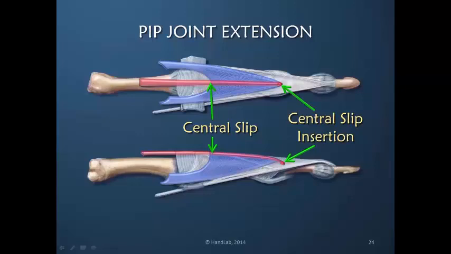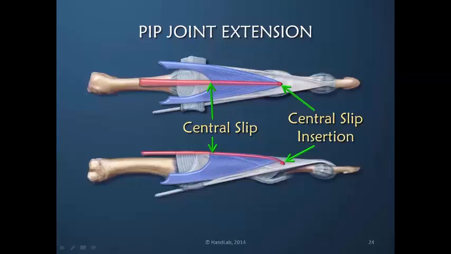The problem with this concept, however, is the fact that one forgets that the sagittal bands, which are connected to the central slip, insert into the volar aspect of the MP joint. And that insertion alone limits the distal and proximal excursion of the central slip. That means that the central slip is tethered and cannot have free excursion throughout the dorsal apparatus.